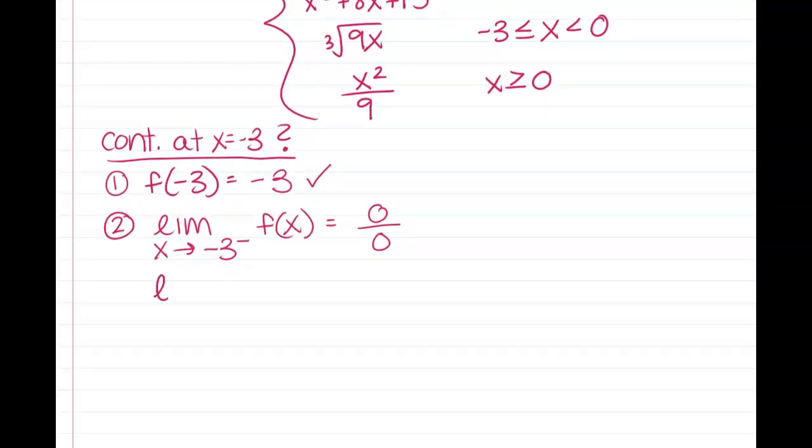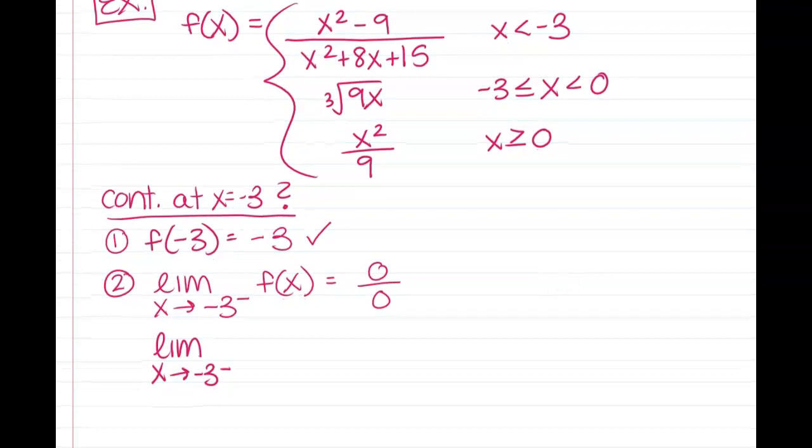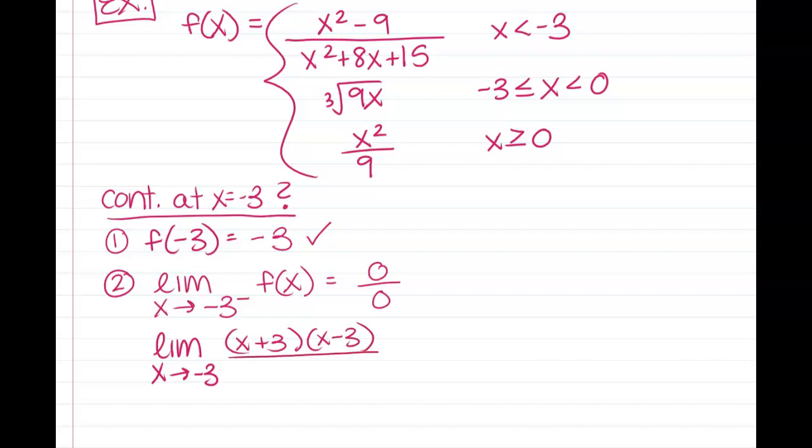So the limit as x approaches negative 3 from the left of f of x is going to be the limit as x approaches negative 3 of x plus 3 times x minus 3, over, this will factor into x plus 3 times x plus 5. So the x plus 3's will go away because there's our hole.